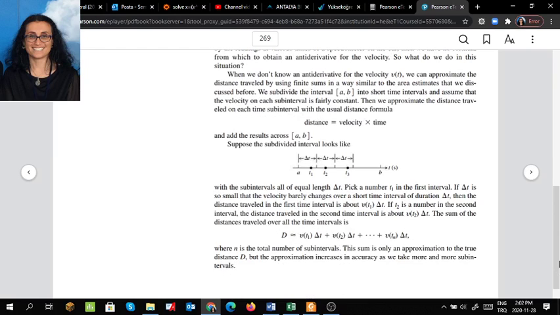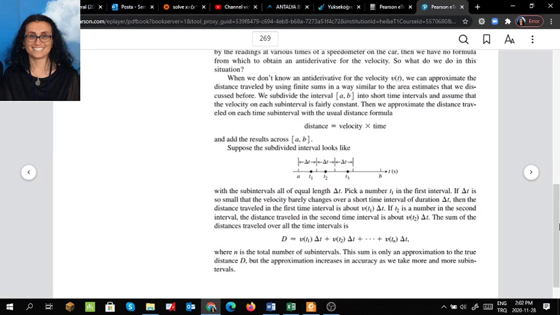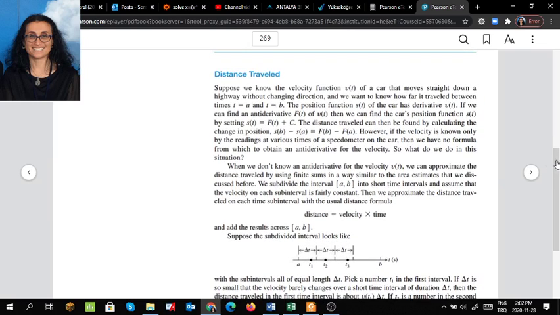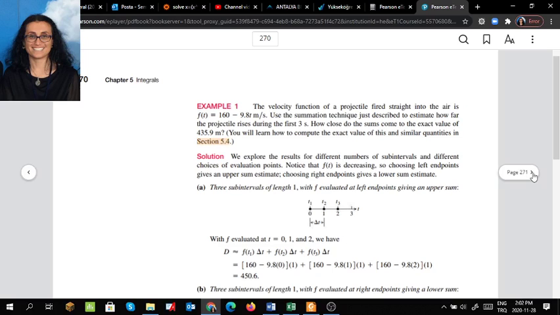This is another application where we use this integration for distance traveled. Because if you remember, we learned in previous chapters that if you have a position function, if you take the derivative of it, you get the velocity function, and then if you take the derivative of the velocity function, you get the acceleration function.